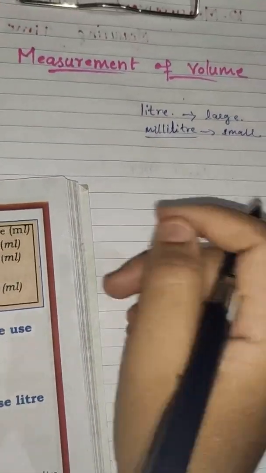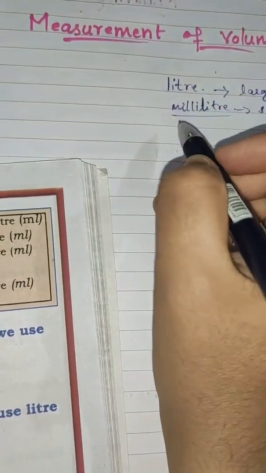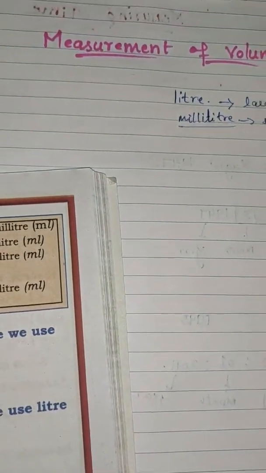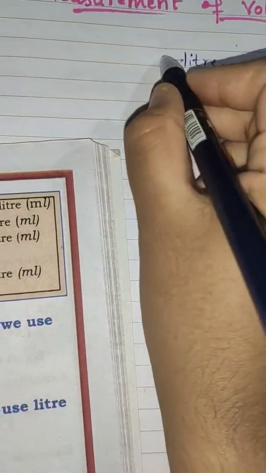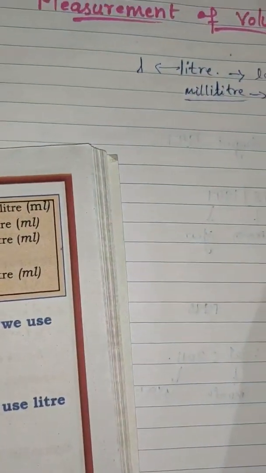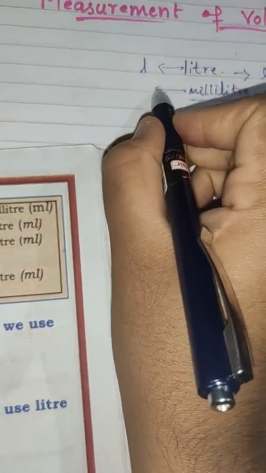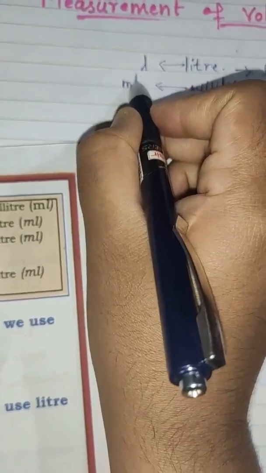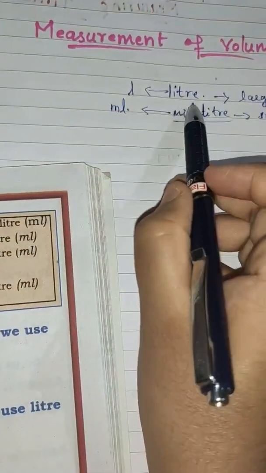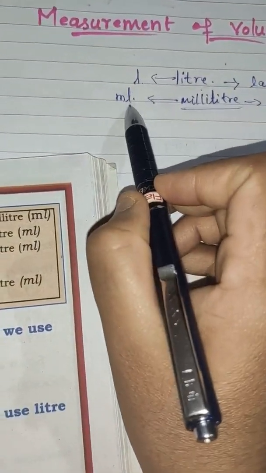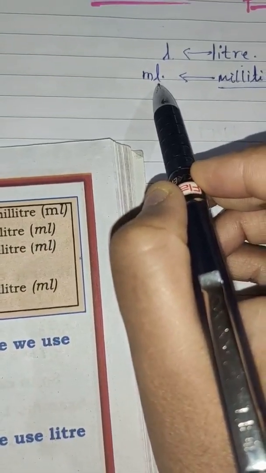The symbol of liter is L, small l, and the symbol of milliliter is small m and small l.